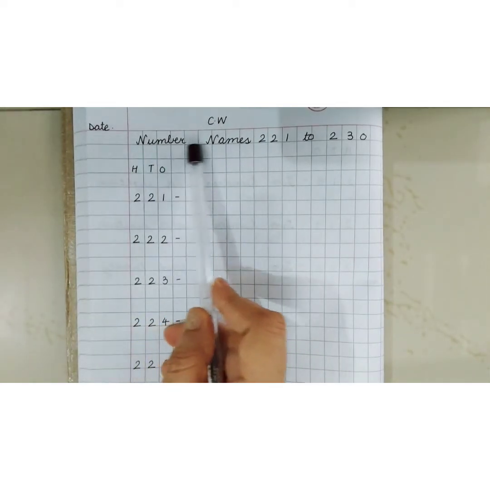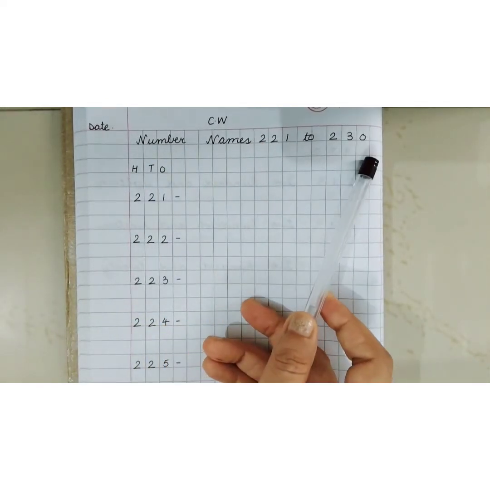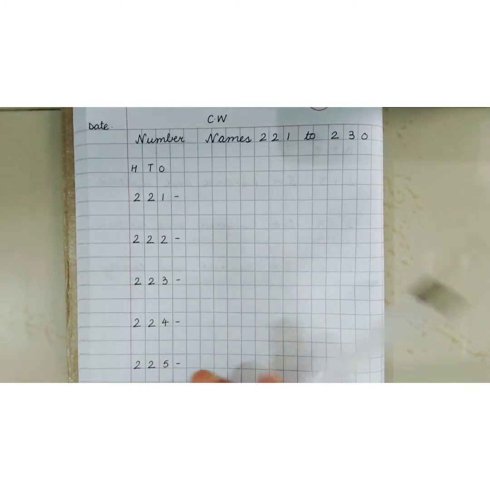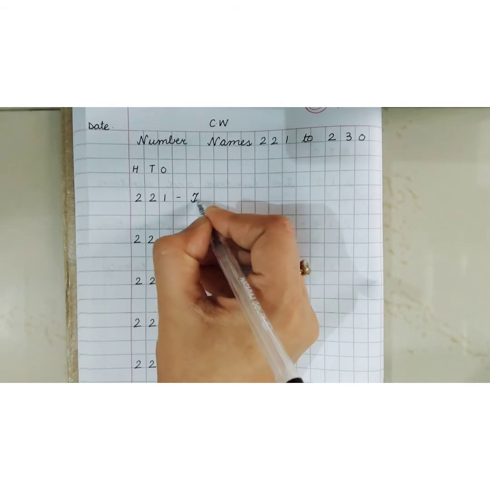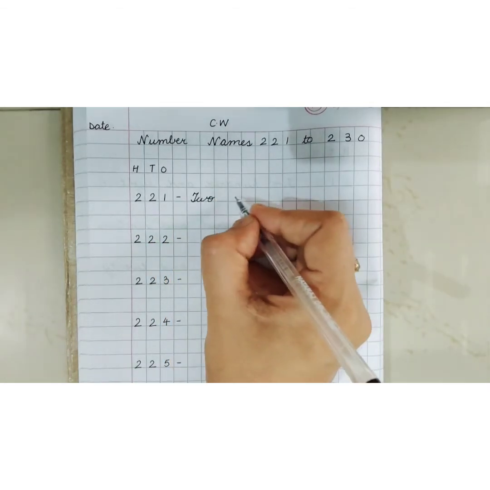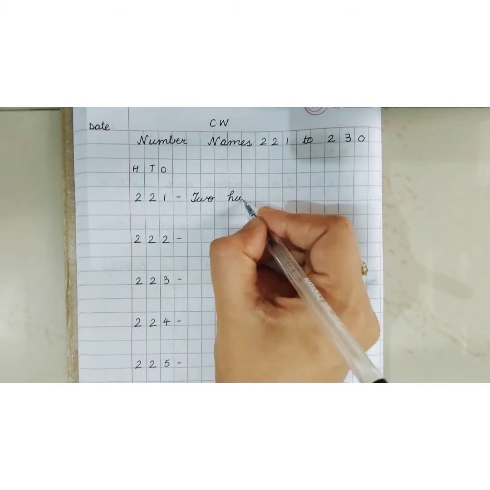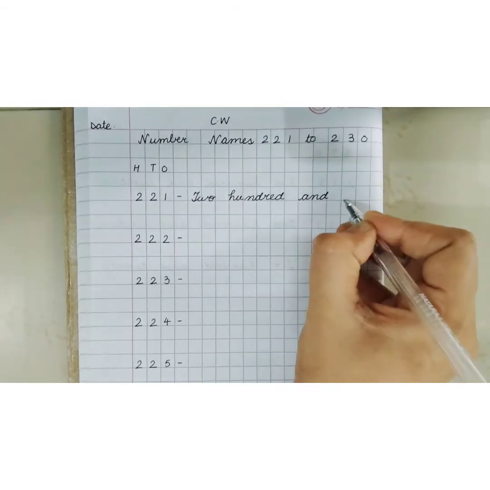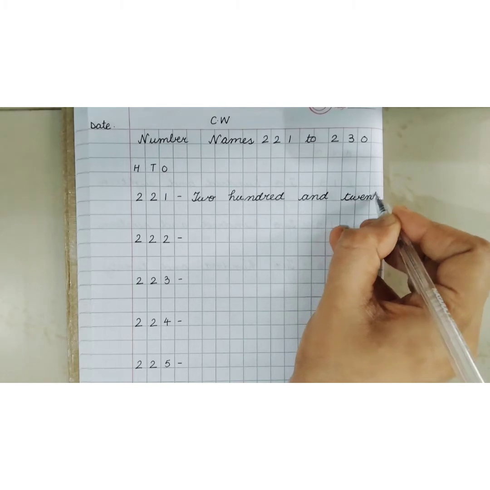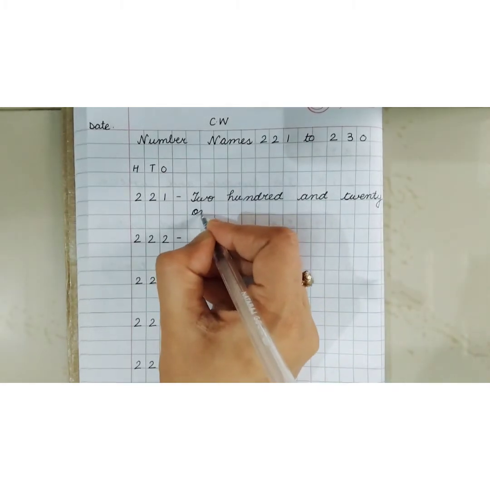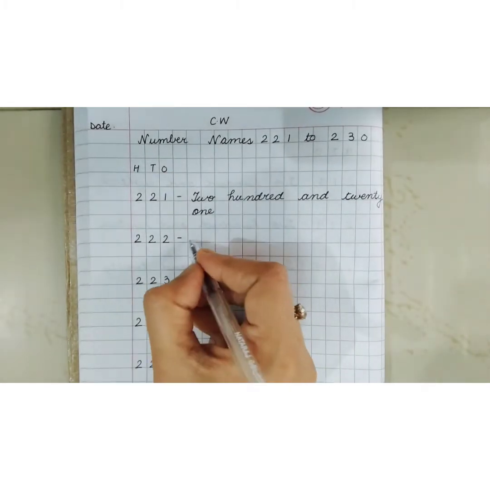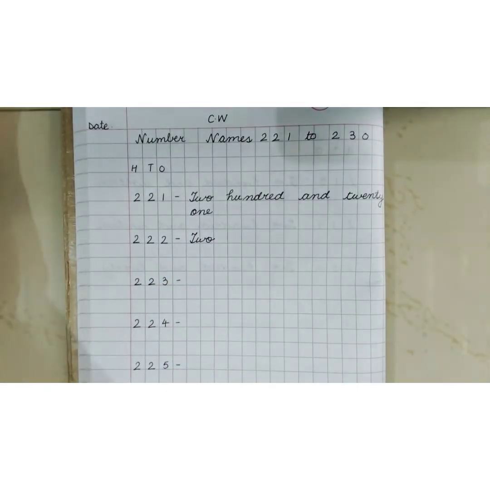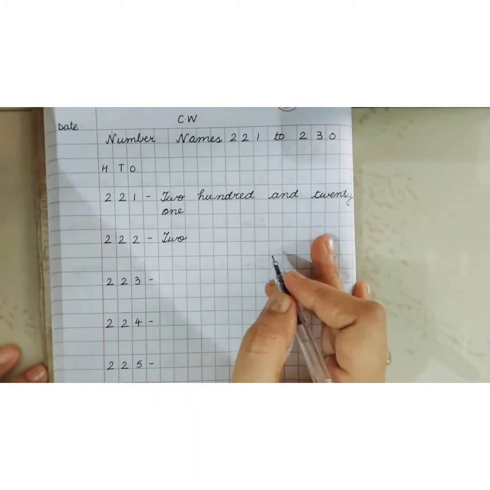Now we come to the next part. Number names 221 to 230. As you already can see, I have set the copy as before, writing CW, date, heading and HTO, and I have also written all the numbers. Now we will quickly move to writing number names. 221, 222.